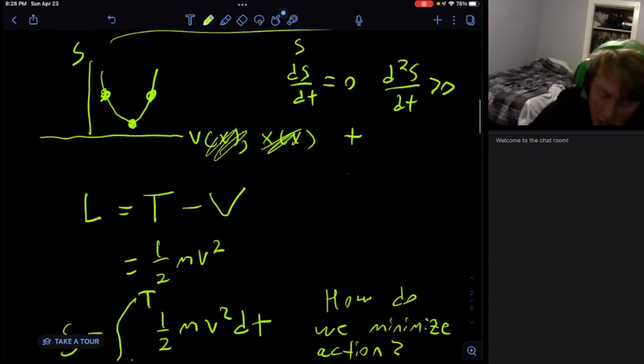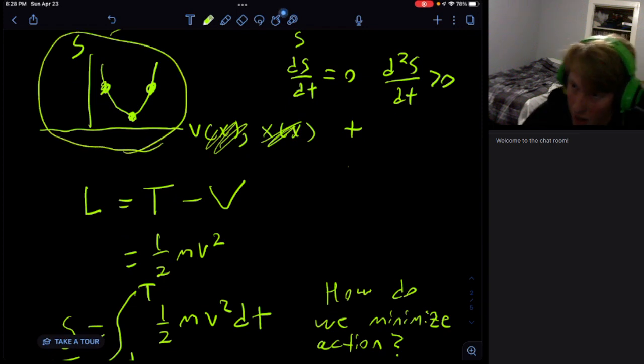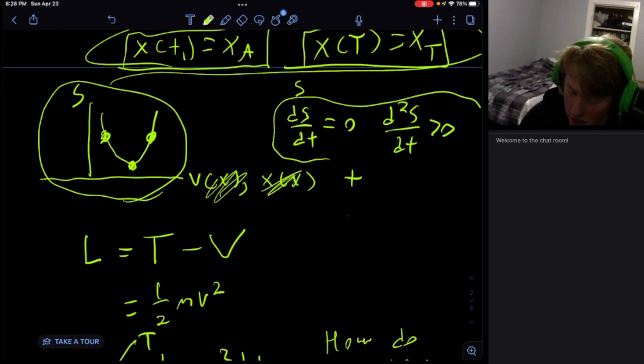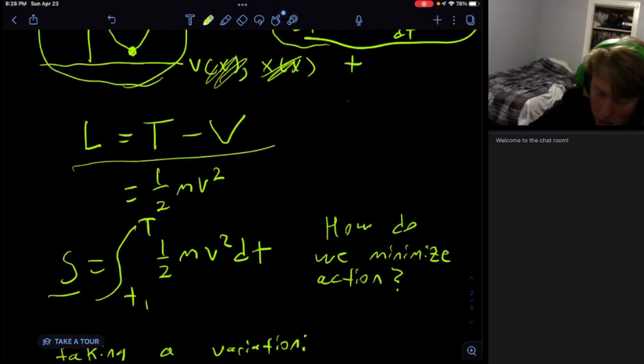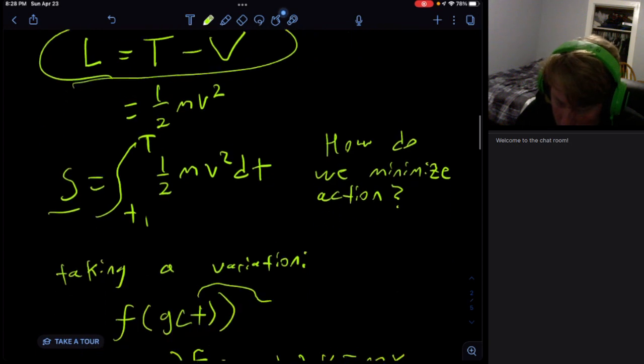We talked about conceptually what it means to take a variation and use that to find the minimum action. We compared it to normal calculus, where you take the derivative and the second derivative to find the minimum. We defined the Lagrangian as the kinetic energy minus the potential energy in a system.